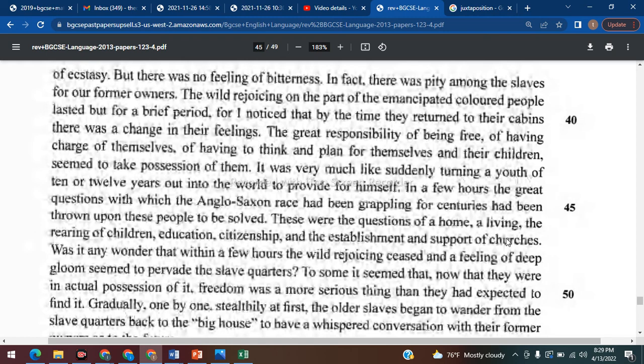And this is a type of alliteration. That's why I brought it up. And it fits right in with what they say: was it any wonder that within a few hours the wild rejoicing ceased, and a feeling of deep gloom seemed to pervade the slave quarters.